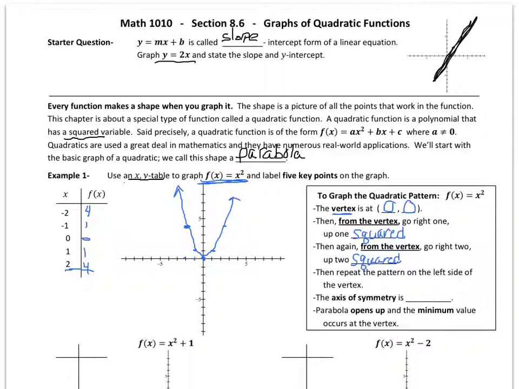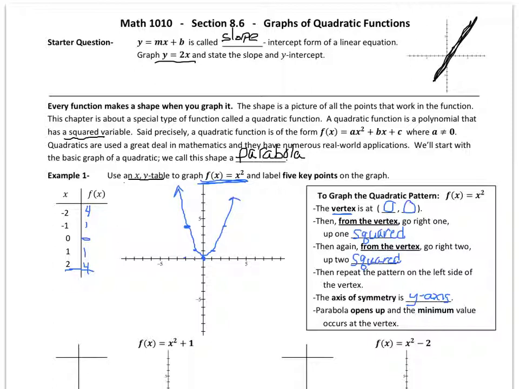Okay. Now then we repeat the same pattern on the left side. So we go left 1 and up 1 squared. We go left 2 and up 2 squared, and that will give us our parabola. Now, in this case, the axis of symmetry, can you see quadratics are symmetric, and this axis of symmetry is in this case the y-axis.